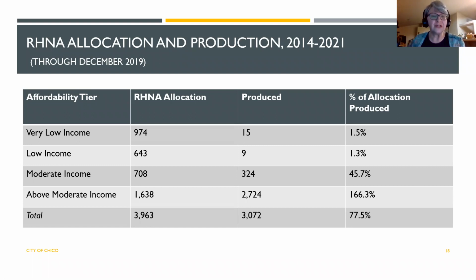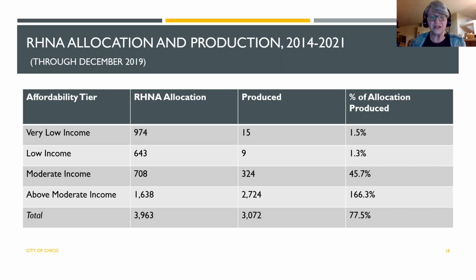So we have very low income, moderate income, and above moderate income. What you'll be able to see from looking at this table is that there was a RHNA allocation. So basically what happened is the state and BCAG determined that in order to meet the needs that were projected for the city of Chico at that time, there needed to be produced a total of 3,963 housing units broken up by these income segments.